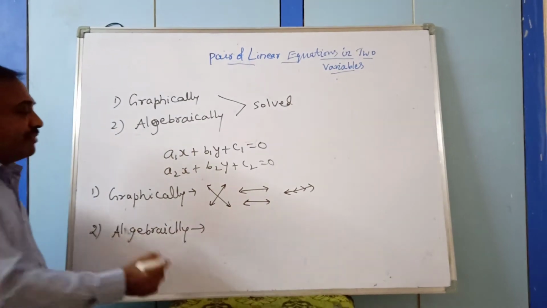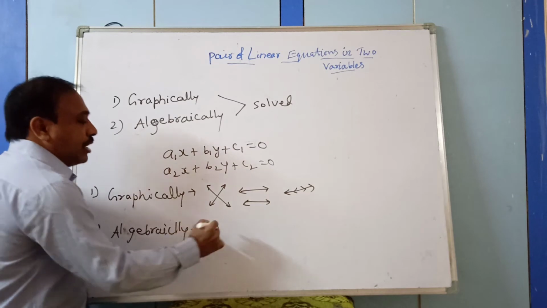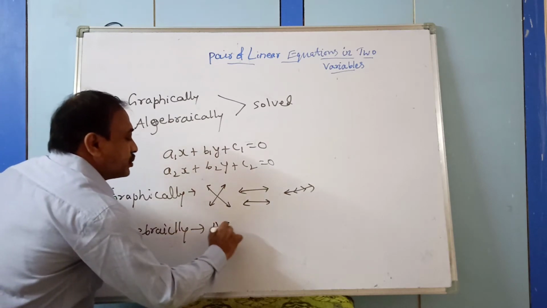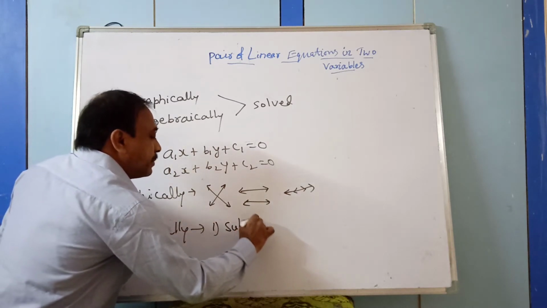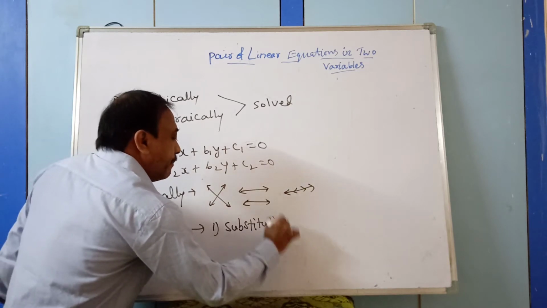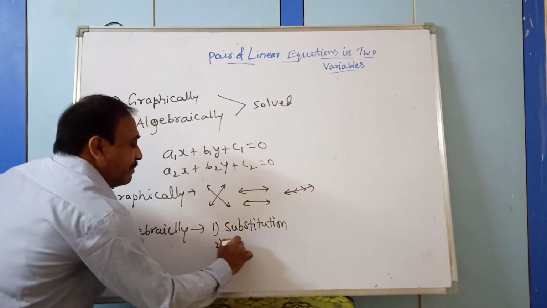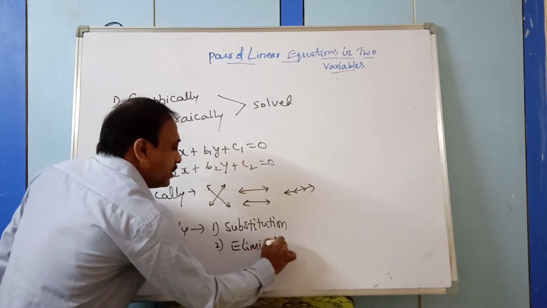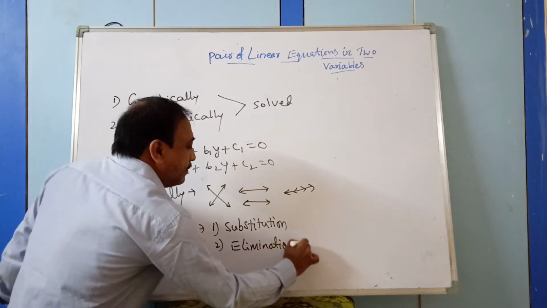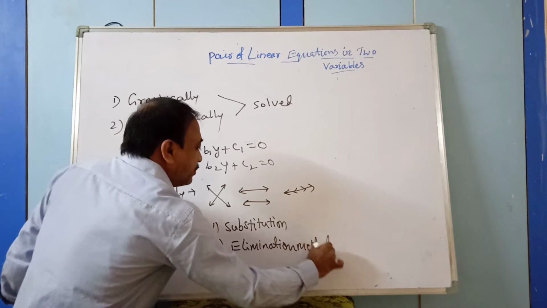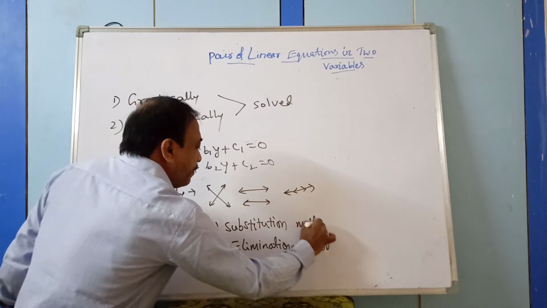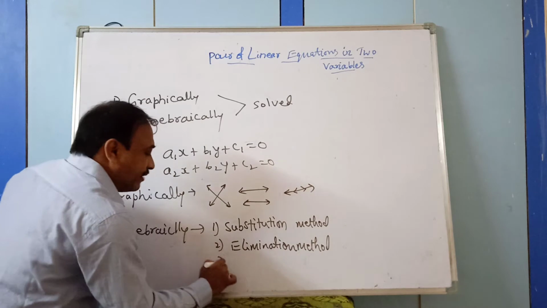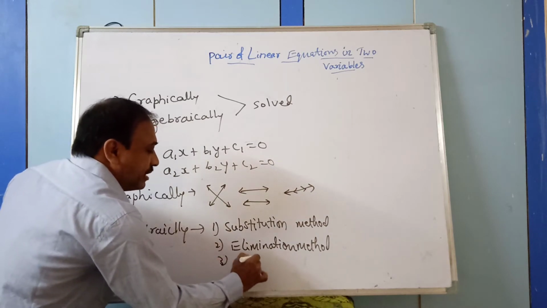Then algebraically we will be having methods to solve. One is substitution method, second one elimination method, and third one cross multiplication method.